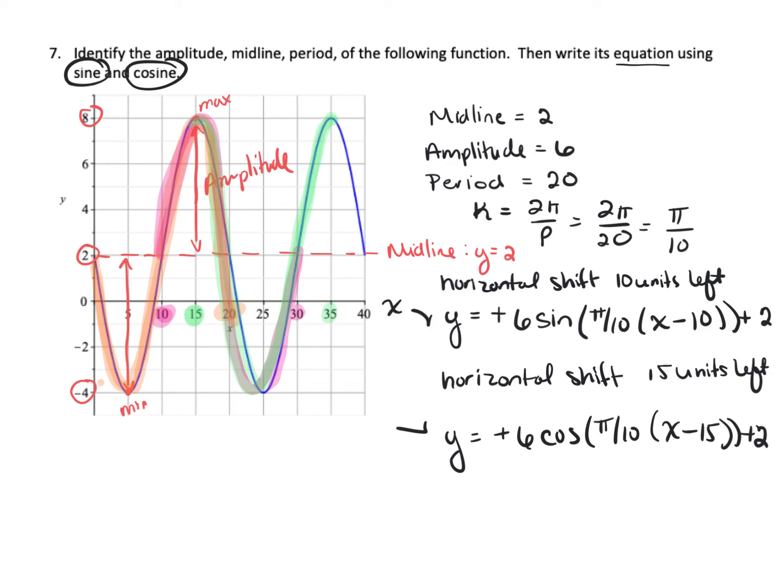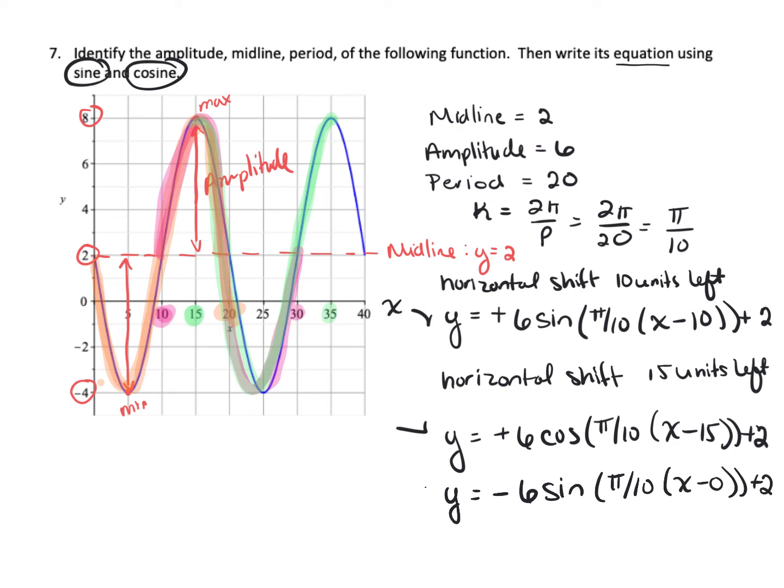So to write the equation, y is equal to negative, the amplitude still stays the same, 6 sine pi over 10, and you can write it as x minus 0, or you can just simply write it as x, because we know we don't need to write minus 0. I'm just putting it there so you can see there's no shifting horizontally, and then add the midline.